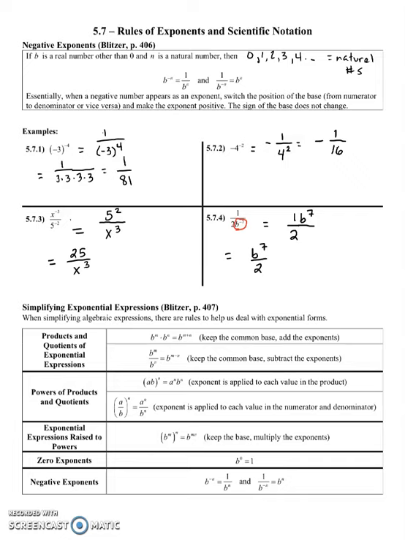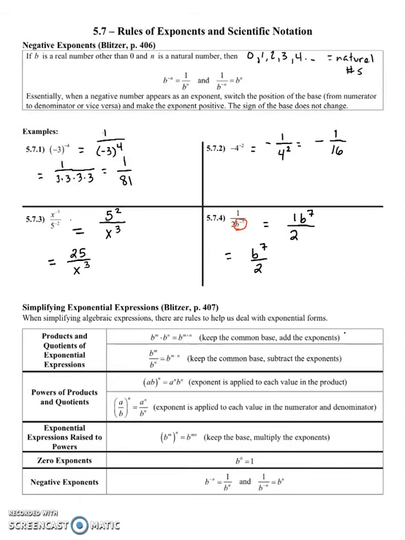Now we need to talk about simplifying exponential expressions. So we have rules to help us deal with that. Say we have a base to a power times the same base to a different power. Well, to get the multiplication, we keep the base that's the same in both instances and we just add the exponents.